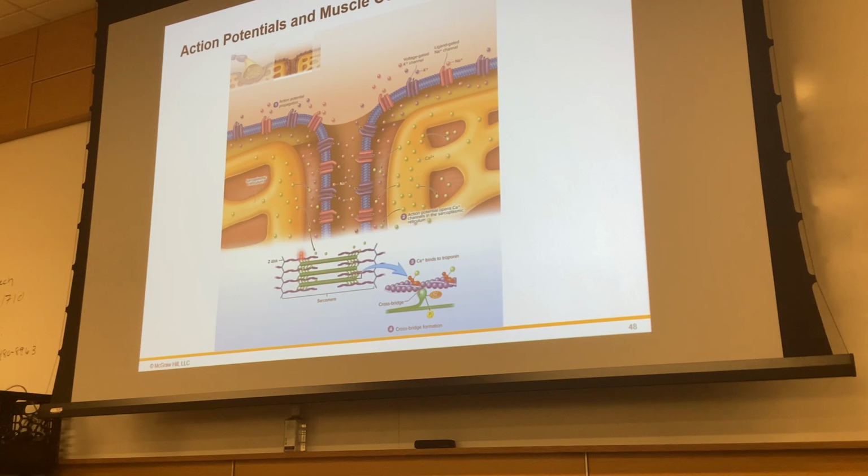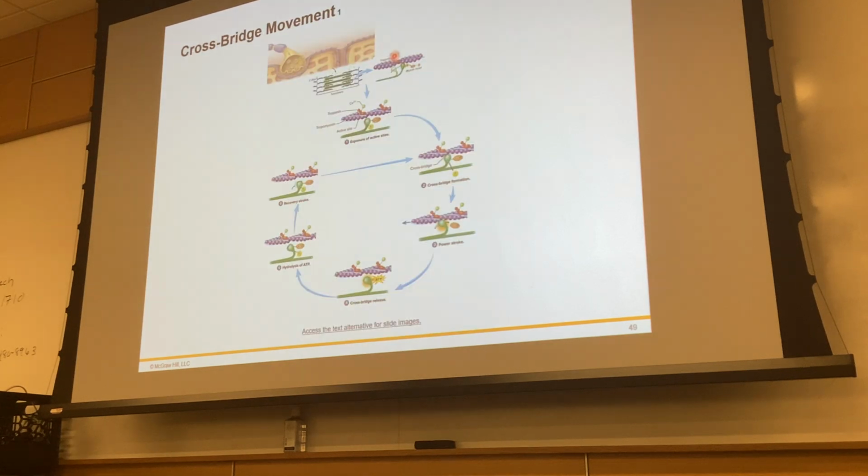This picture is part of an up close and personal look at the individual sarcolemma right here. And once again, there's going to be a superficial endomysium right here. If you look at the top of this picture, this is called the cross-bridge movement, and this is at the level of the proteins causing movement at the sarcomere.